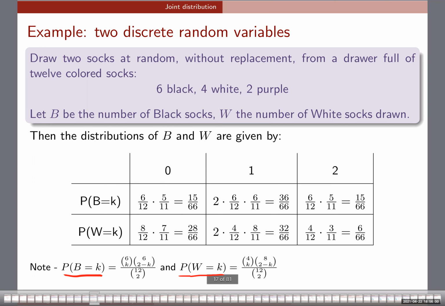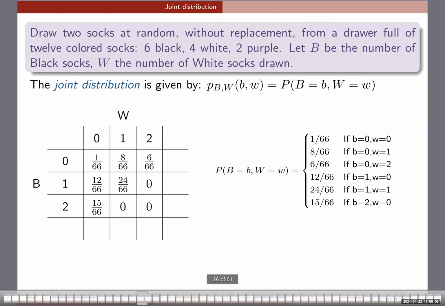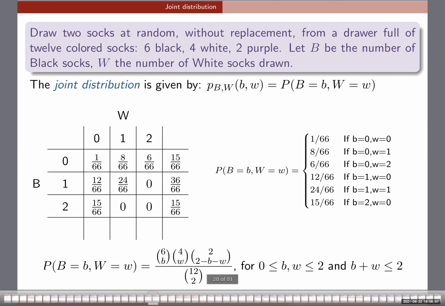Now let's define what we mean by marginal distribution more carefully. If I want to find out the probability of b equals 0, I simply add them up.